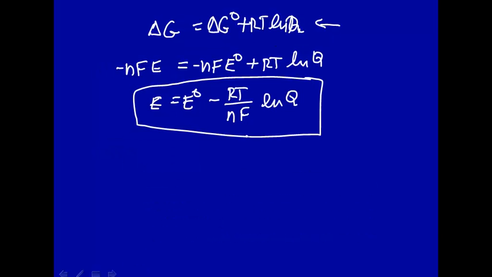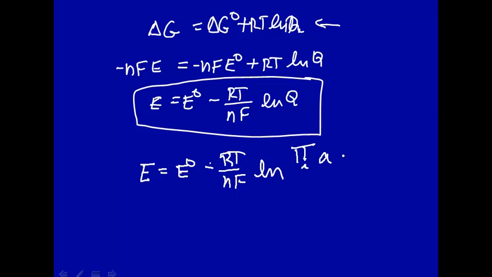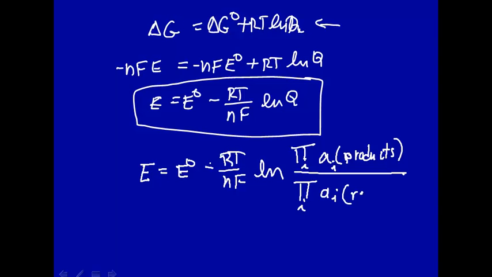Let's write the Nernst equation here: E is equal to E0 minus RT over NF times the natural log of the product of the activities of the products divided by the product of the activities of the reactants.